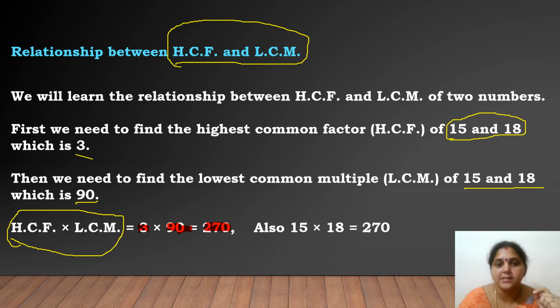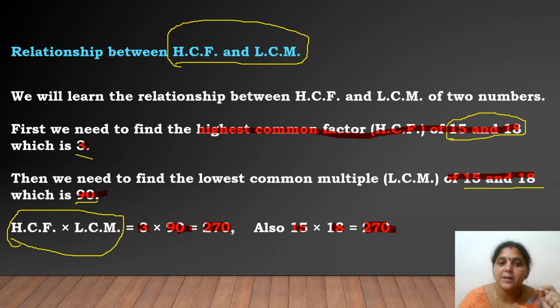It is 270. If you observe this, when you multiply the HCF and LCM of two numbers, the product is equal to the product of the two numbers. Till now, we found the highest common factor of 15 and 18 is 3, and the least common multiple of 15 and 18 is 90.